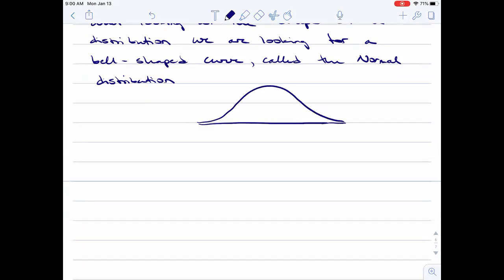Hey, it turned out pretty good. Usually mine's lifted off on one end or something like that. This distribution is symmetric, and it's got one peak, and then it's quickly closing off on the sides. So this is a normal distribution, and this is the one that we're looking for.